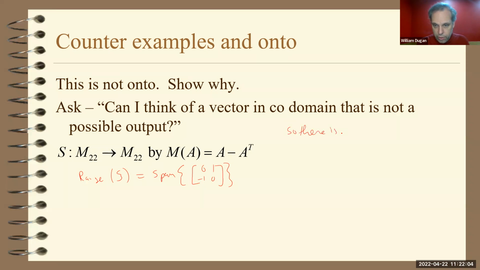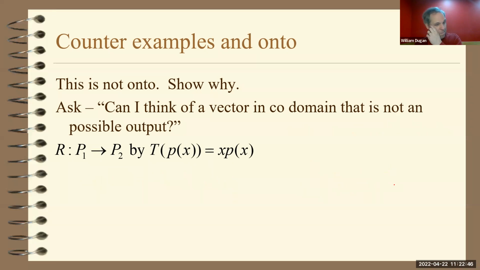There is a matrix A in M22 such that S of A would be 1, 0, 0, 0, because this is not in the span of the matrix I gave you. Hence, S is not onto. Great, easy. In order to find out when a function is 1-to-1 or onto, you're actually just considering the kernel and the range and interpreting it in some way.